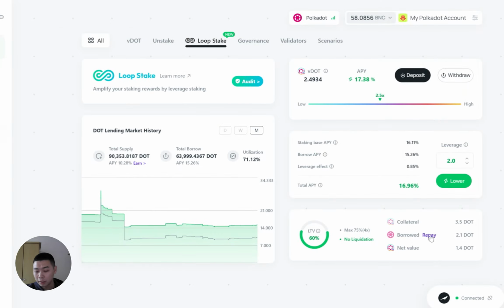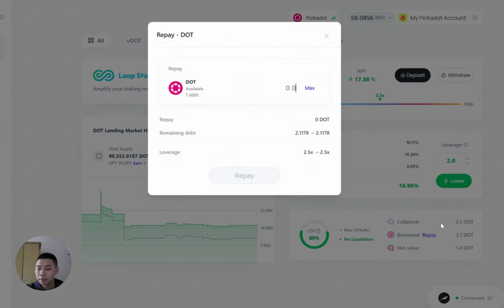This is a button where we can pay our debt, repay. So if we pay 2.1 DOT, then the remaining debt will be 0 and the leverage will decrease to only 1 times, which is the base of our position.